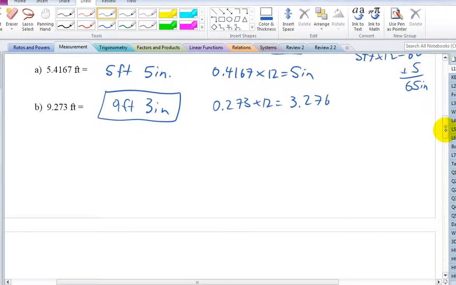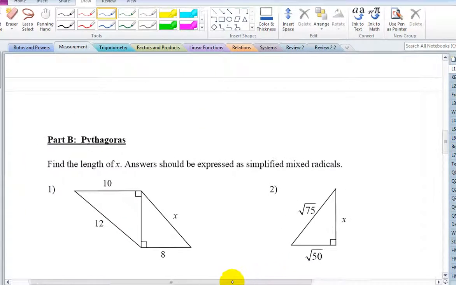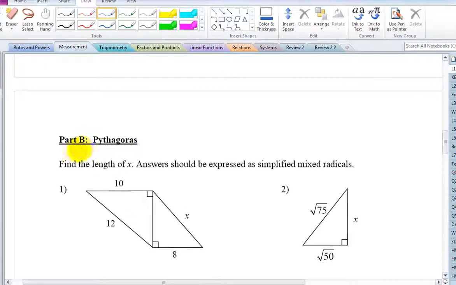Okay, turn it over. A little bit of Pythagoras for us. So a couple things to remember. No decimals, unless someone specifically says 2 decimals or 3 decimals or 1 decimal.